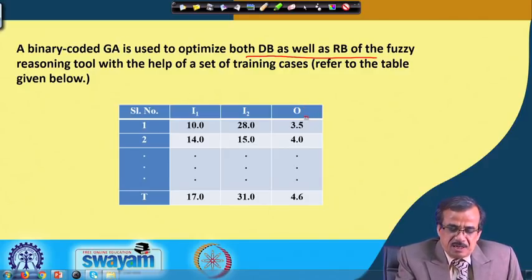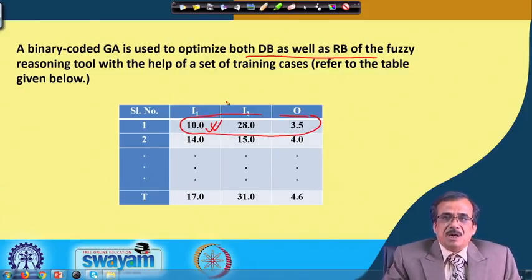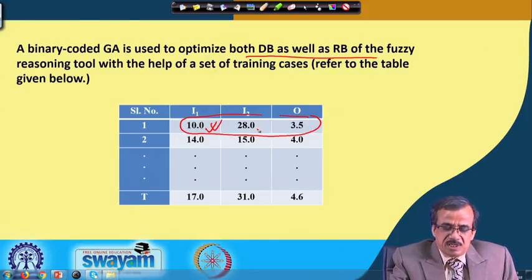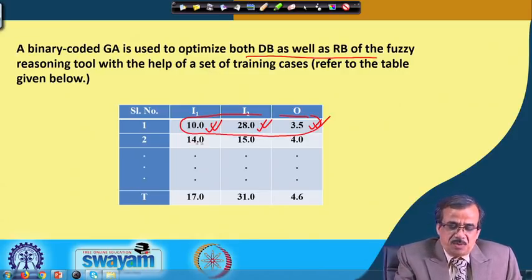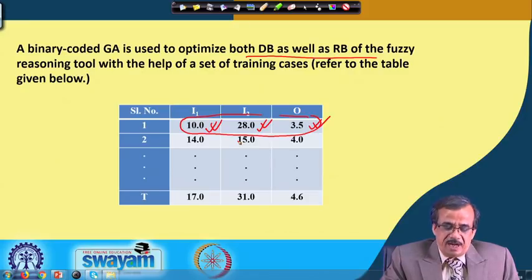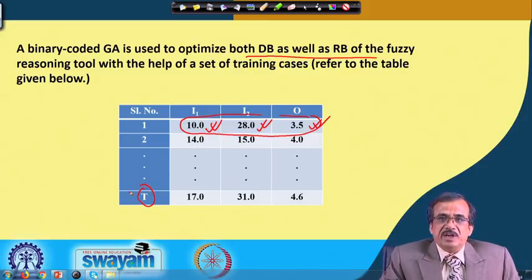For example, the first training scenario is: if I 1 is 10 with some units and I 2 is 28 with some other units, then the output is 3.5 with some other unit. This is the way we can collect the known input-output relationship, and that is nothing but the set of training cases or training scenarios. Here we have got capital T number of training scenarios.